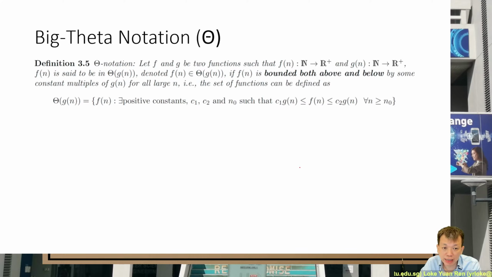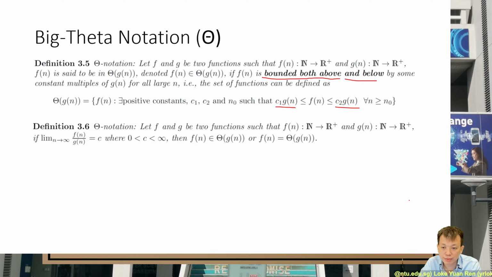Similarly, for the next one, this is the tightest bound. That's when f(n) needs to be bounded both above and below by two constants, so you need C1·g(n) and C2·g(n). Or you can use the alternate definition, which is the more intuitive way: f(n) over g(n), they have the same growth rate. As my earlier slide showed, you need to have about the same growth rate.